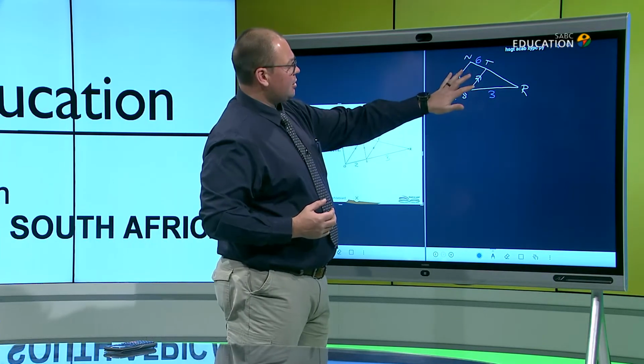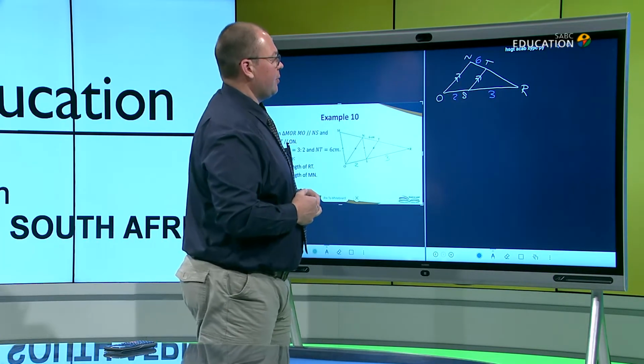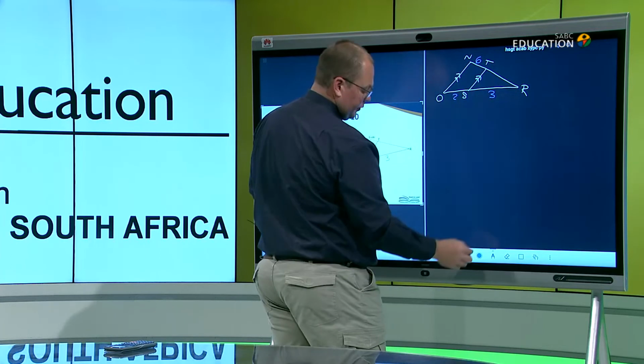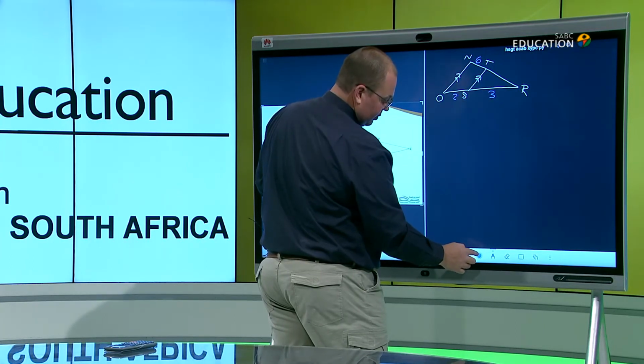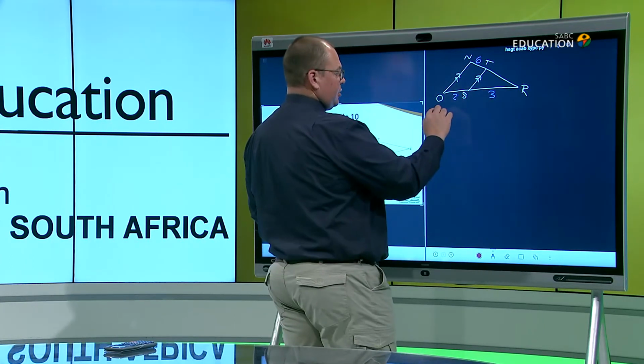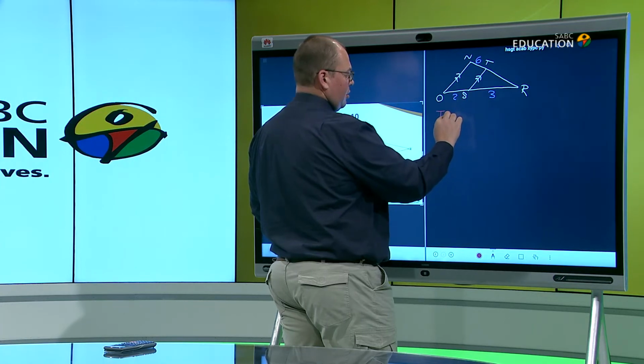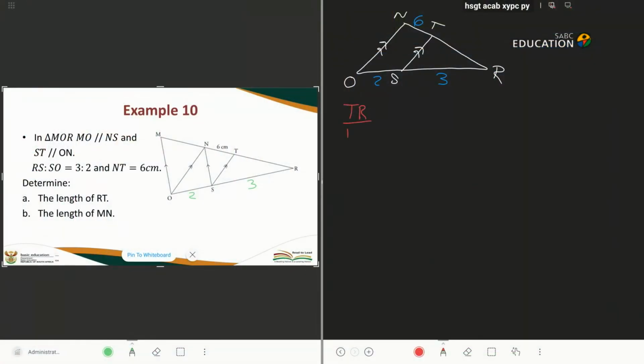I have parallel sides, so I want to use proportion. I want to calculate the length of TR, so I will start with it first. TR divided by NT must be equal to SR divided by OS. Again, they are equal in a ratio. So I have TR divided by 6 is equal to 3 divided by 2.